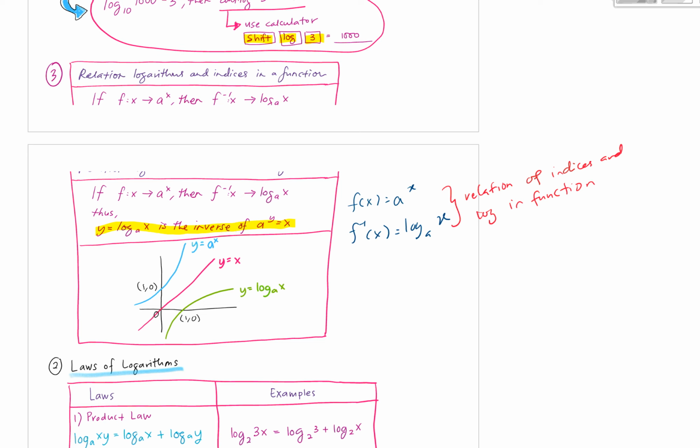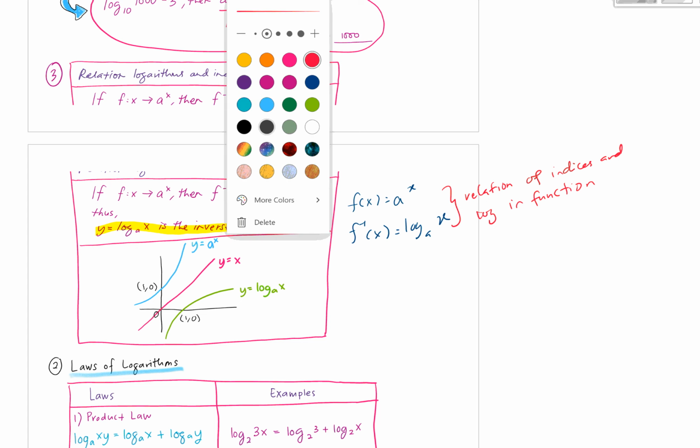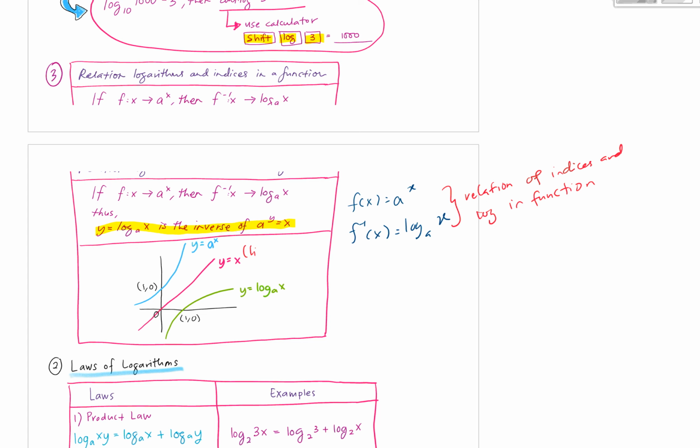Okay. So, grafnya macam mana? Dia punya line of reflection mesti dekat y sama dengan x.